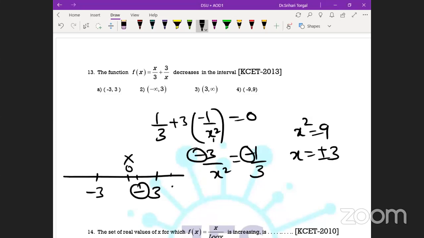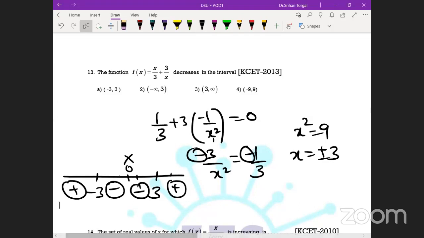Then you will get a positive value here. If I put x equal to minus 1 also, you will get negative, and you will get positive here. Yes, tell me now. This decreases in the interval minus 3 to 3, right? But you should not accept this 0. So the function is decreasing. You can see the graph of the function here. I'll show you.